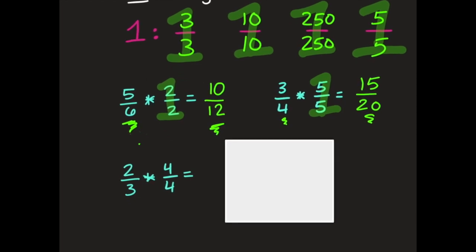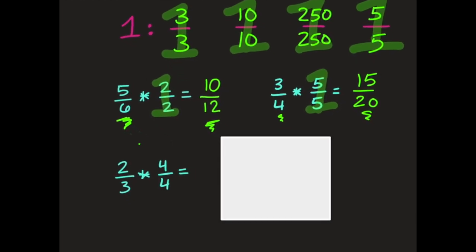So I will just show you quickly what happens when we do our model of this with multiplication like we've been practicing. So I'm going to do 2/3. I'm going to kind of draw that out here, and then I'm going to shade in 2/3. So here's 1. And then here's 2.